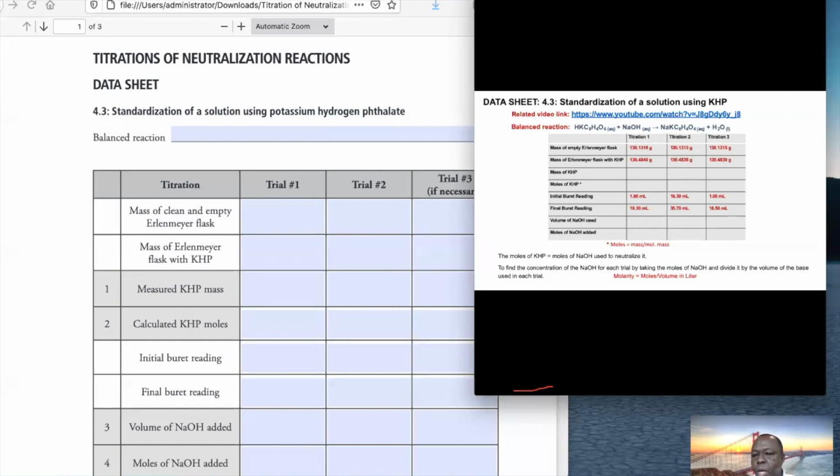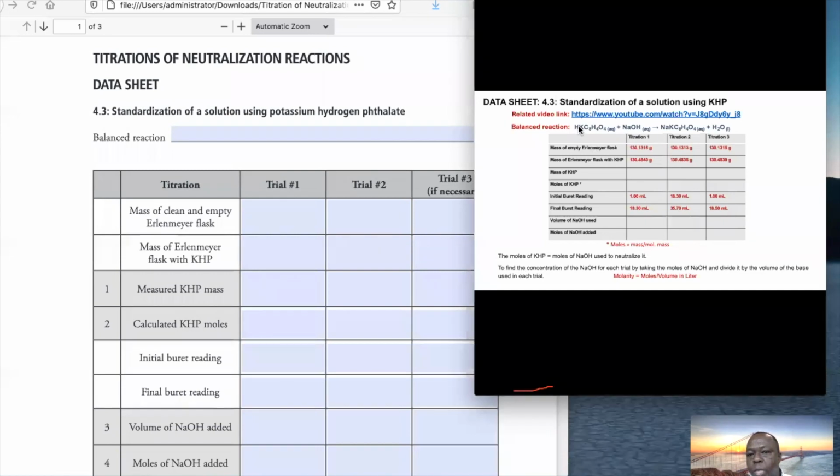You knew the number of moles of KHP from here. Number of moles of KHP calculated. Critical thinking here: if you know the number of moles of KHP from the mass of KHP and the molar mass of KHP, the balanced equation tells you the mole ratio.